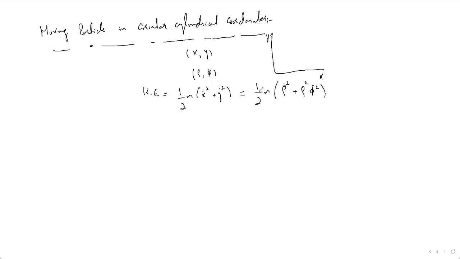Now for simplicity, I will take the potential energy to be equal to 0. Now what is the velocity in cylindrical coordinates?